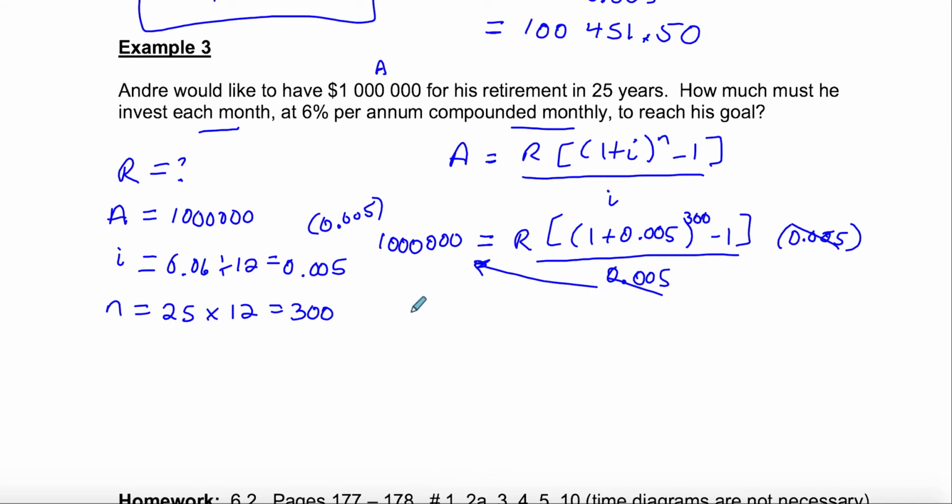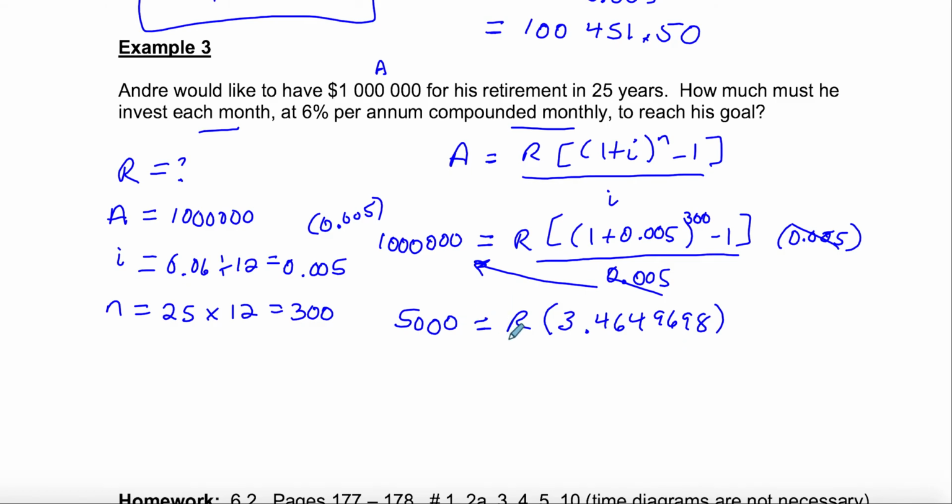When I do, I get 5,000, and then I don't have a fraction anymore on the right-hand side. I am also able to figure out what's inside the brackets here. 1 plus 0.005, to the exponent 300, minus 1, gives me 3.4649698. You might be annoyed with how many decimal places I'm using, but I'm trying to make my answer as accurate as I can.